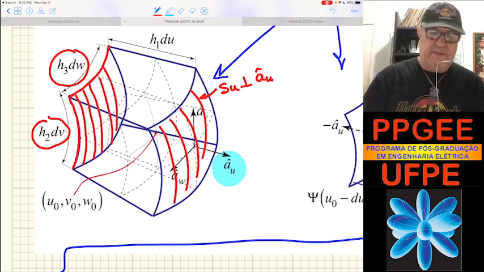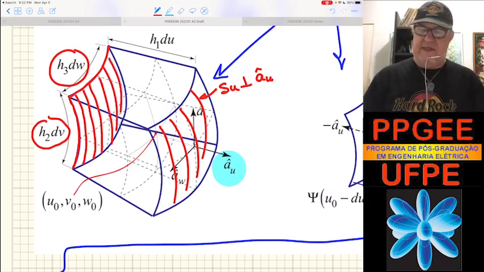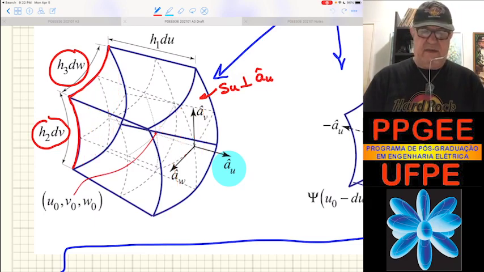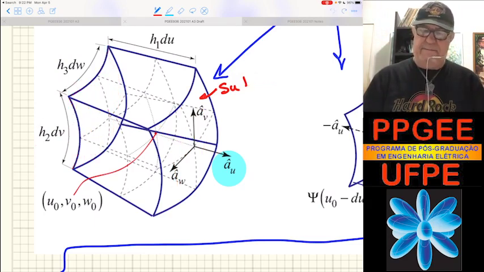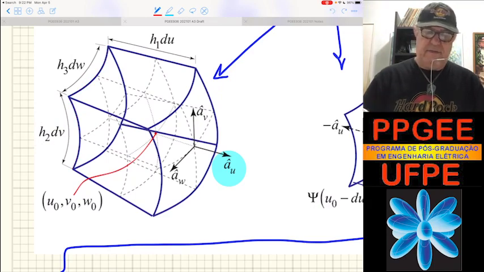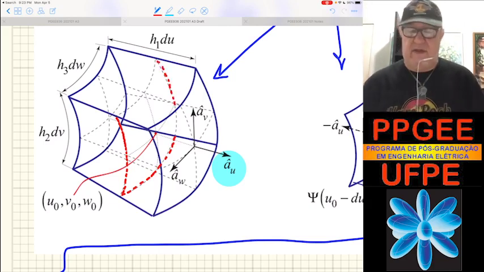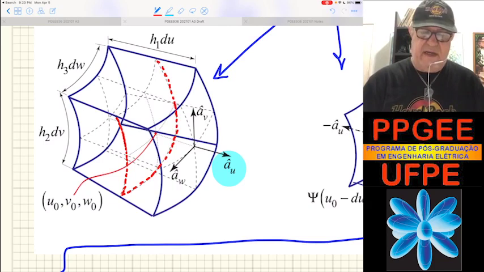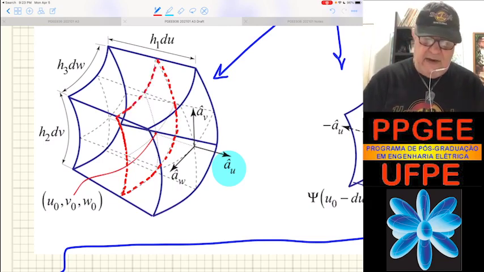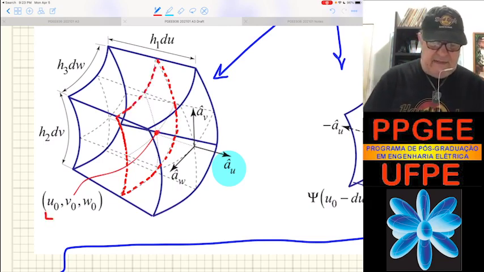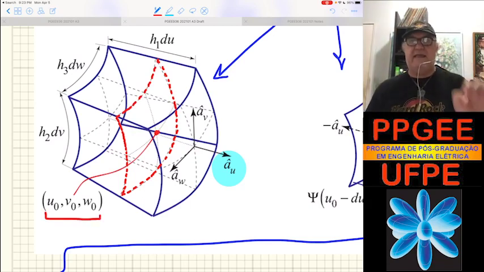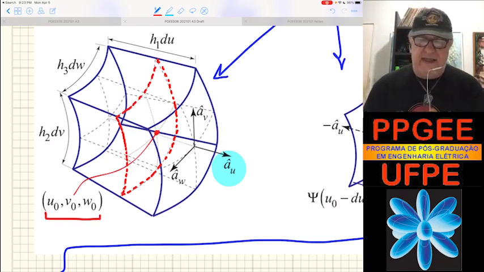Let me just erase those. We have the intermediate surface, which is being shown here, which passes through the center of this curvilinear cube. The center is exactly at u0, v0, and w0.